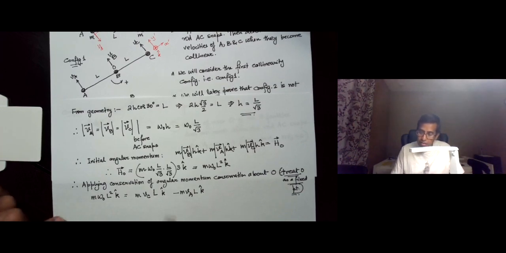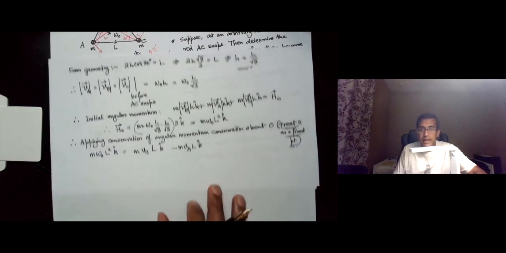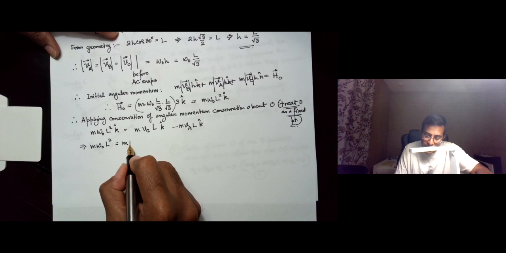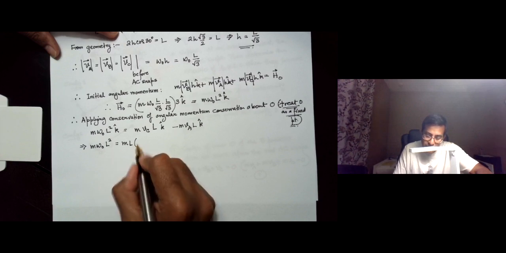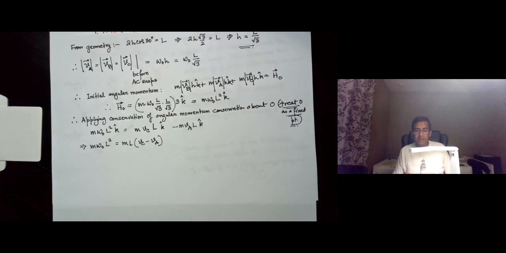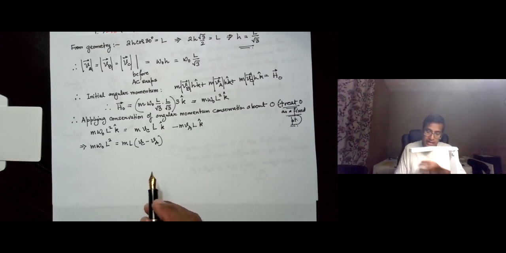So therefore, if I treat O as a fixed point, then the equation that I am getting is m omega naught L squared is equal to m L times Vc minus Va. And note that here Vc and Va are after AC has snapped and at the point of collinearity.